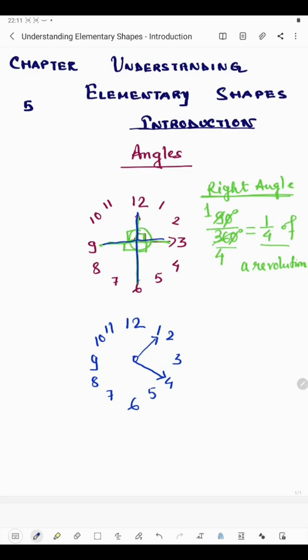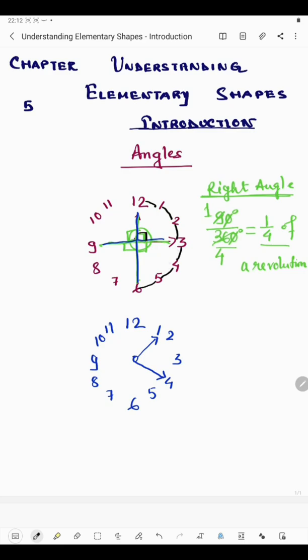So here is one thing I want to add. See here, 12 to 1, 1 step, 1 to 2, 2 steps, 2 to 3, 3 steps. So after 3 steps, it forms a right angle. Again let's check: 1, 2, 3.